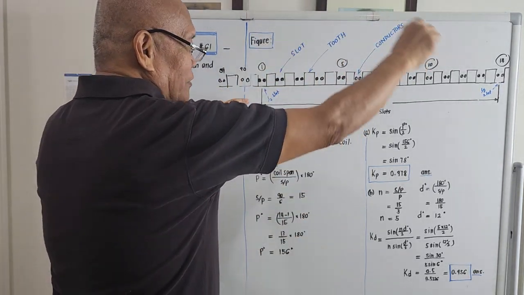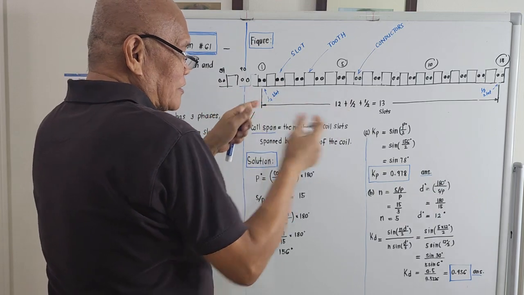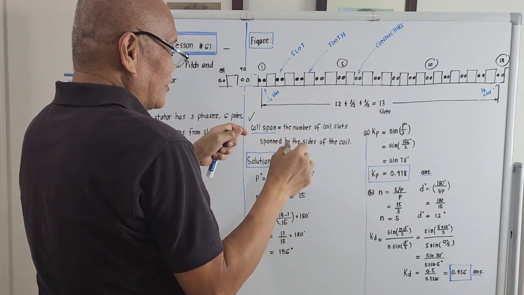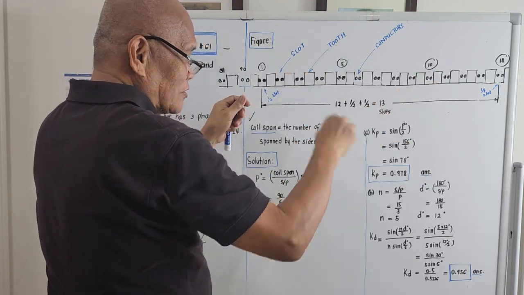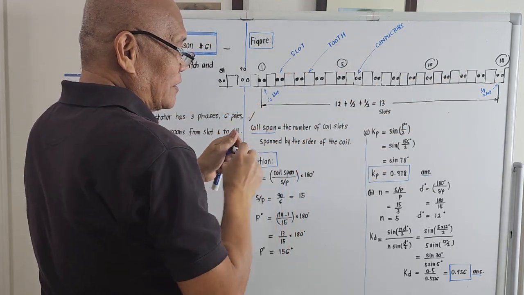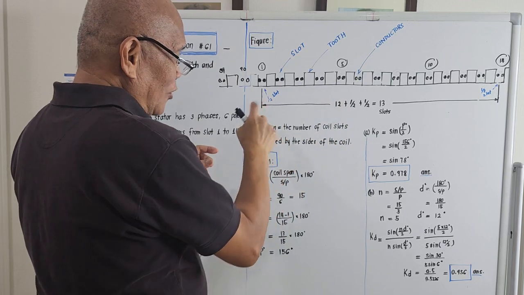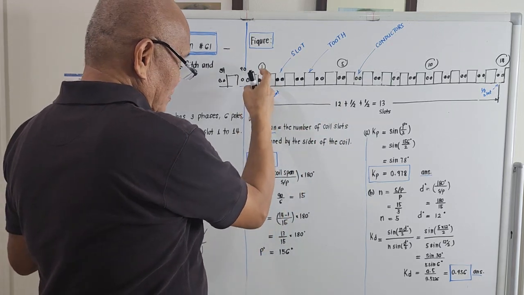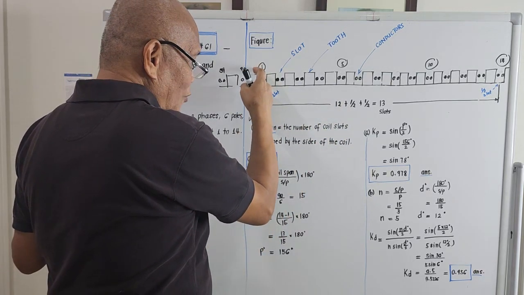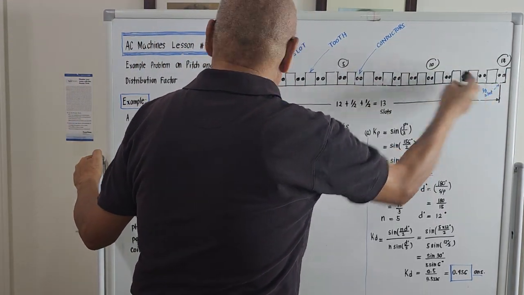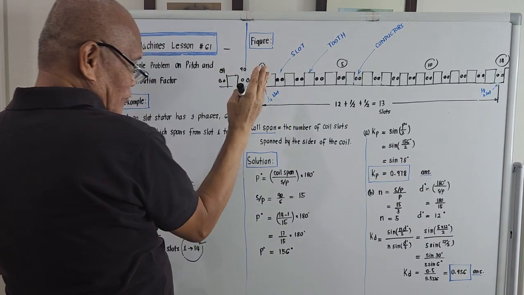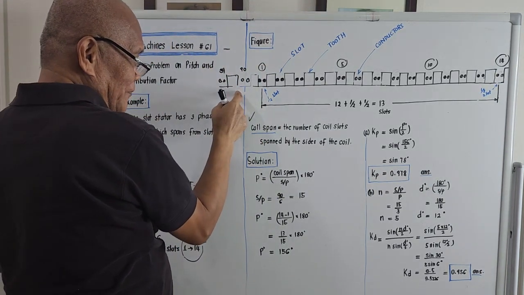So that is for a lap winding. But for a wave winding, that's another story. I am just telling you how the winding is wound around the slots. The main thing here is the coil span should be a number from 1 to 14. If it comes out here, it will back out one slot to the left, it will go to 90.